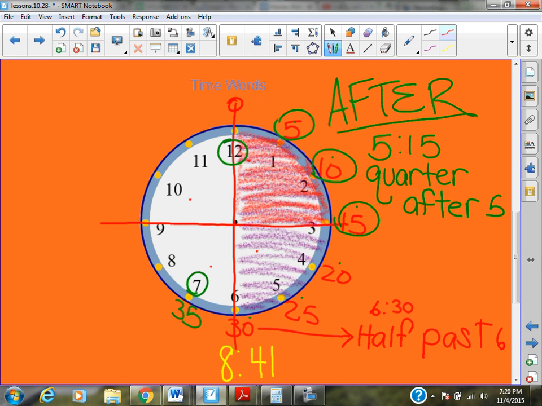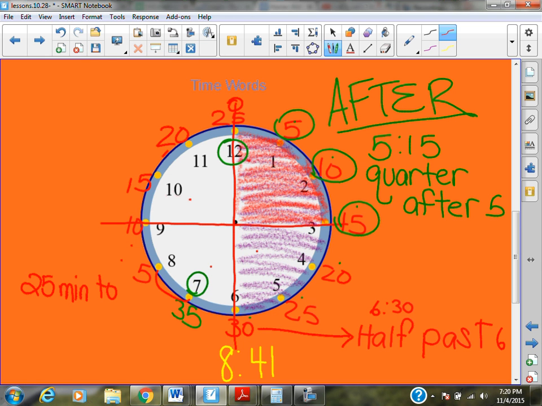So let's do that now. I'm just going to show you that they count from here to here. That's 5, 10, 15, 20, 25. It takes 25 minutes to get back to 12. Because of that, people might use the words 25 minutes to or till.